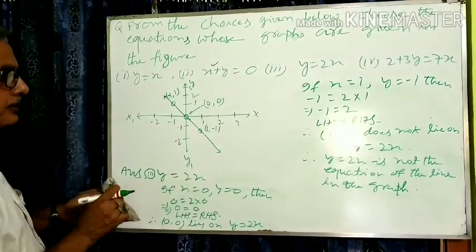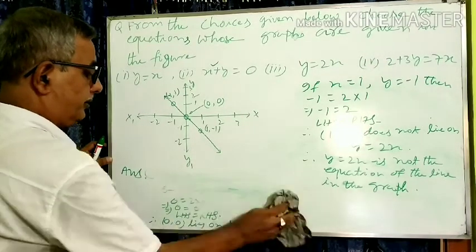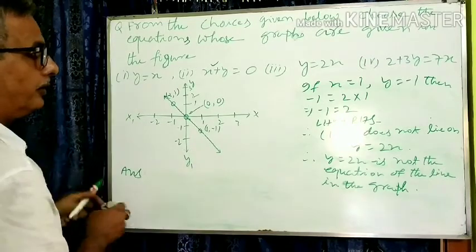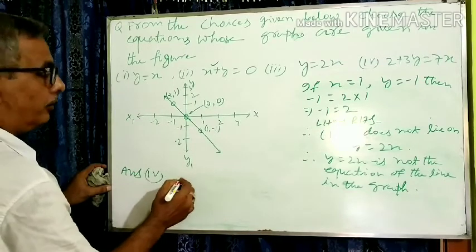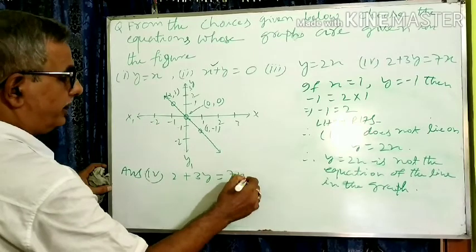Should I rub it now? Fourth one you see, 2 plus 3y is equal to 7x.